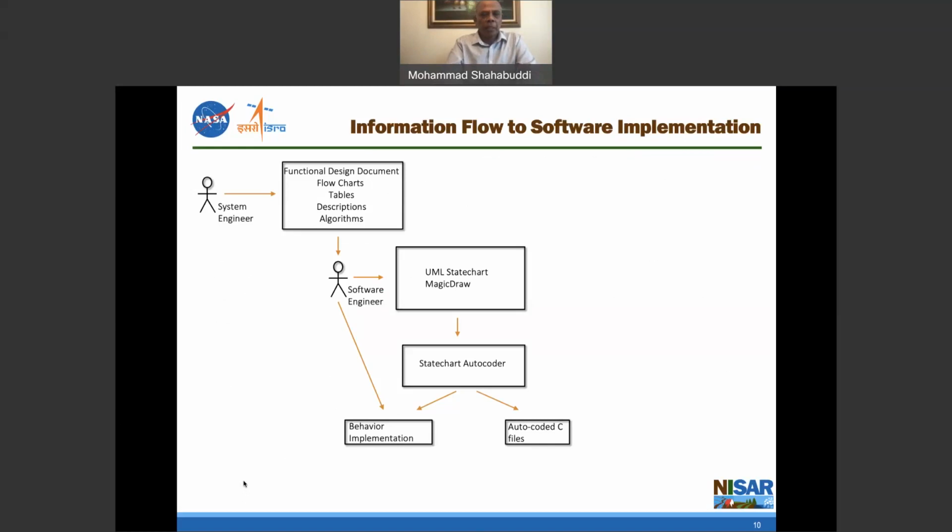So we, being software engineers, gather information and try to put it in a Magic Draw state chart, which basically follows the flowcharts and shows a one-to-one correlation.